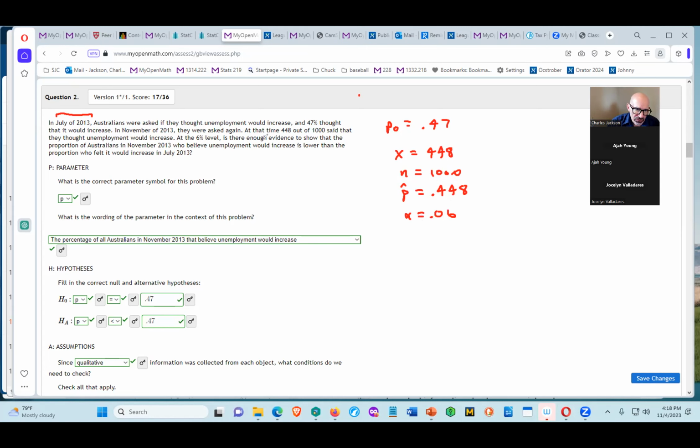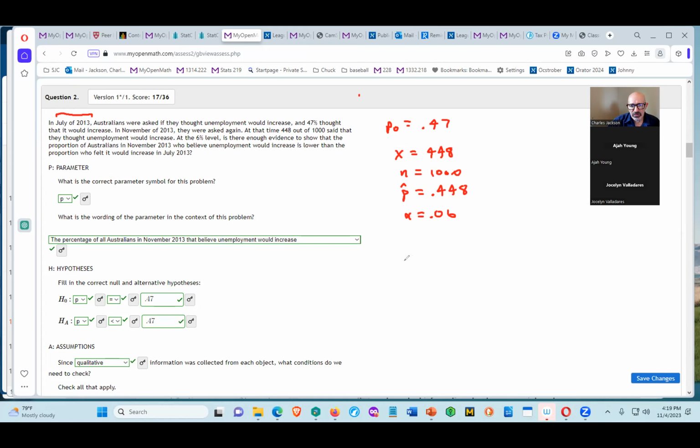Is there enough evidence to show the proportion of Australians in November, so that later when they took this sample, who believe unemployment would increase, which is what they were asked earlier, is lower than the proportion who believed it would increase in July?